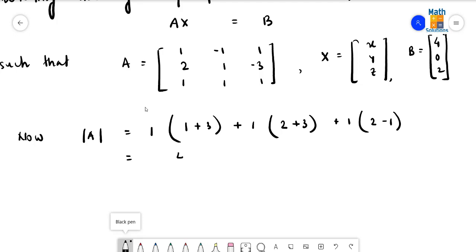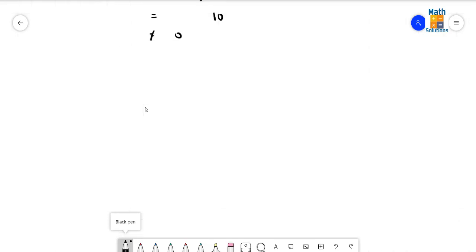The result will come as 4 plus 5 plus 1, and the answer comes as 10, which is not equal to 0. Therefore A inverse exists.